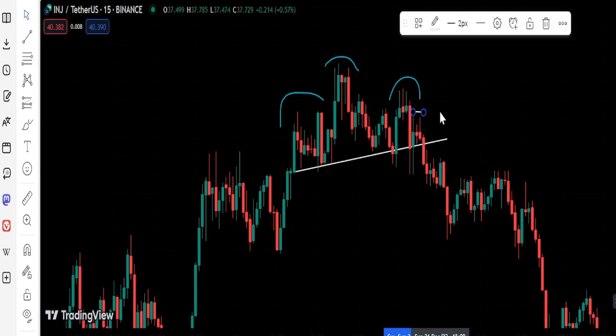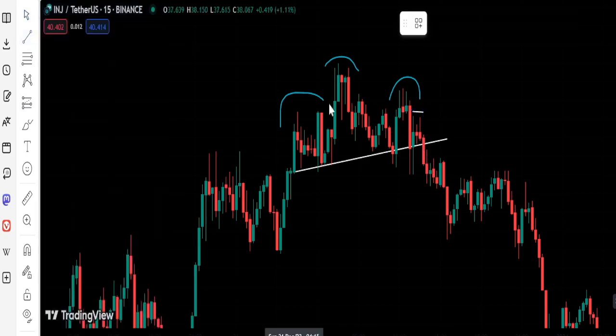Here will be our stop loss. Or if we enter this trade on this candle here, then our stop loss will be 1, 2, 3, a distance just about here.